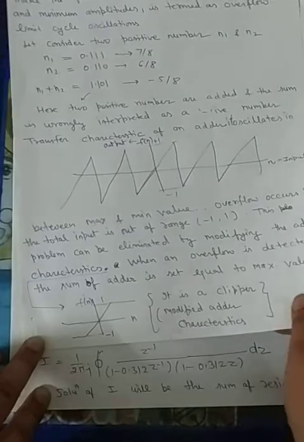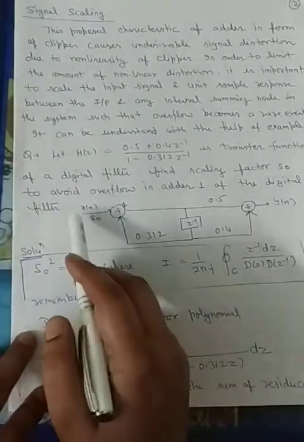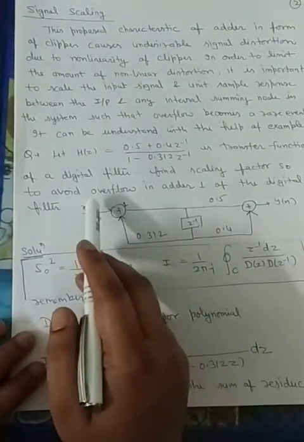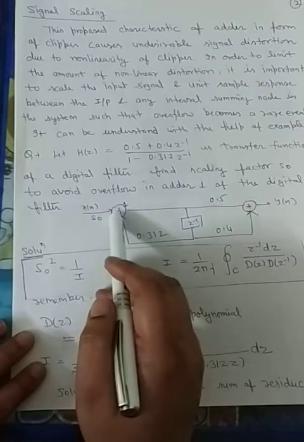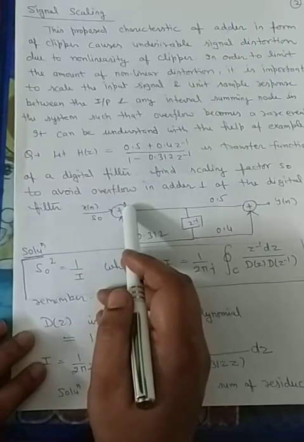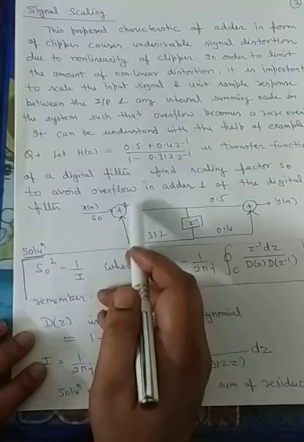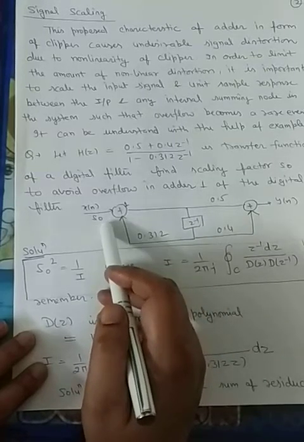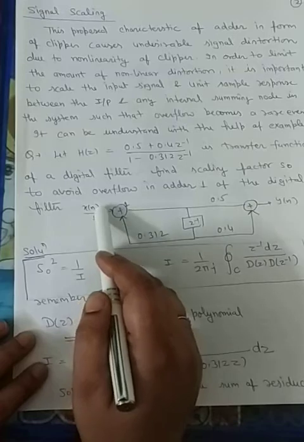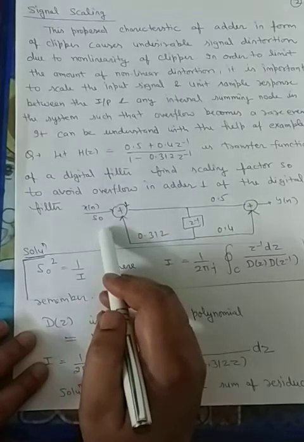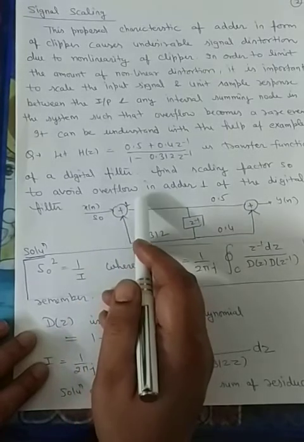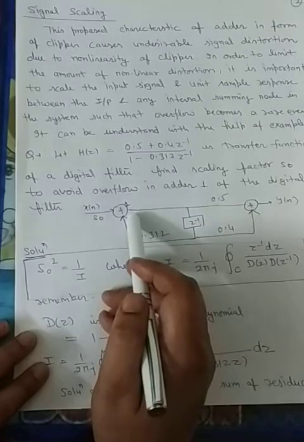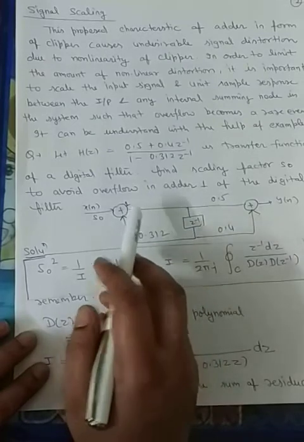To assure that after addition of the two numbers the output lies within the linear range, we have to scale down the input signal to the extent that after addition it will remain within the range.